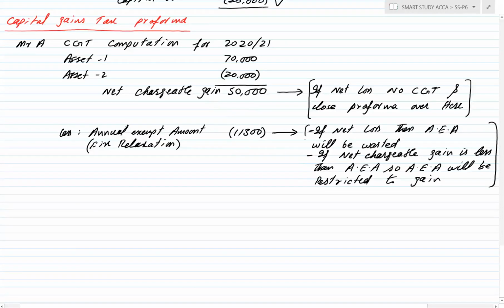So please remember these 2 points. Yes, it is 12,300. Sorry, my bad. The fixed amount of the annual exemption, or annual exempt amount, is 12,300.